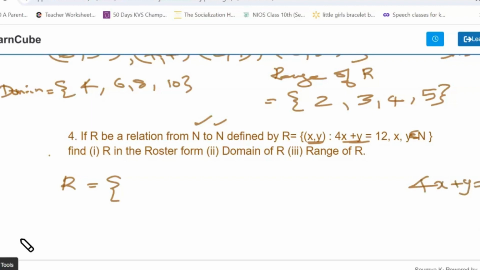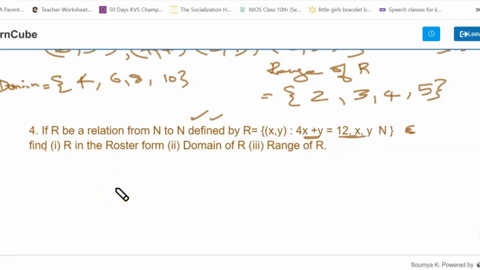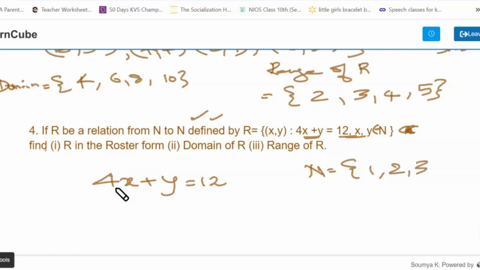Natural numbers start with 1, then 2, 3, 4 and it goes on. It's not mentioned anywhere what the final number is, but the condition has to be satisfied.